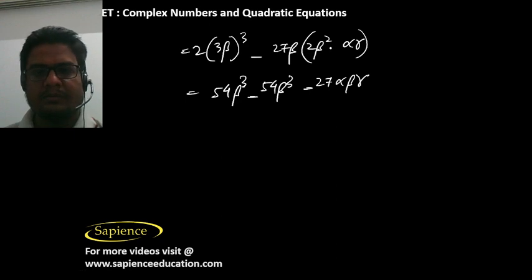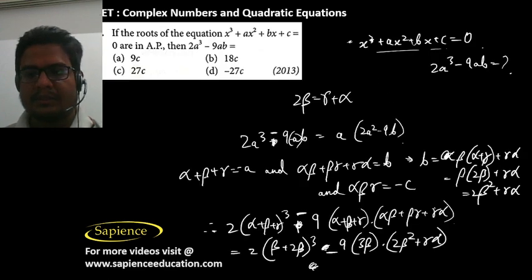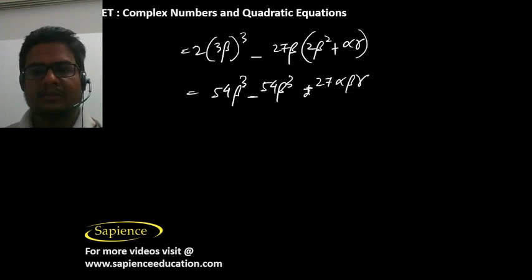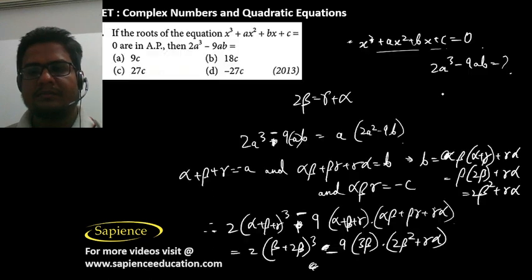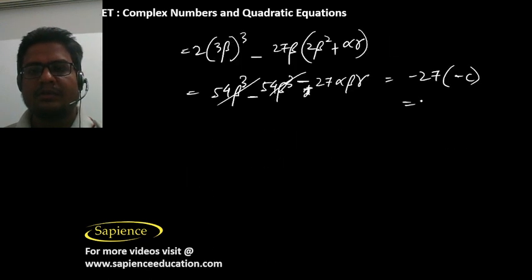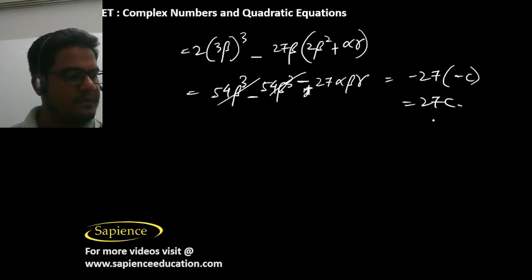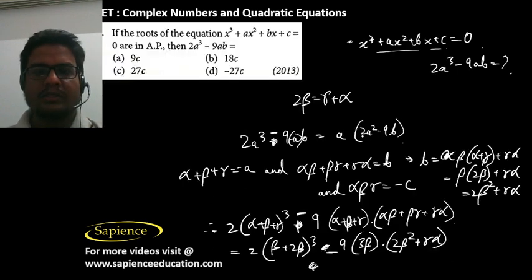So this will become minus. This is plus, sorry, this will be plus. So this is minus. So this 2 will cancel and this is minus 27, this is minus c. So that will be equal to 27c. So option C is the correct answer.